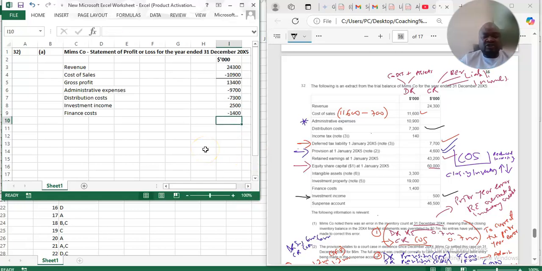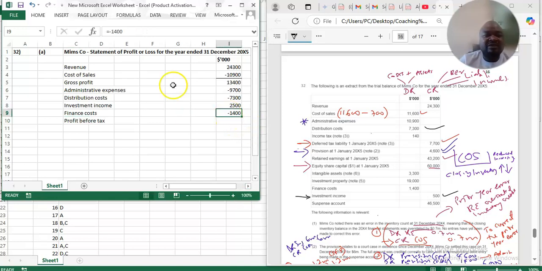All right, so I think everything has been exhausted. I don't want to see somebody just writing suspense account in the statement of profit or loss. Hey, we don't do that. So we're going to sum up and say profit before tax.